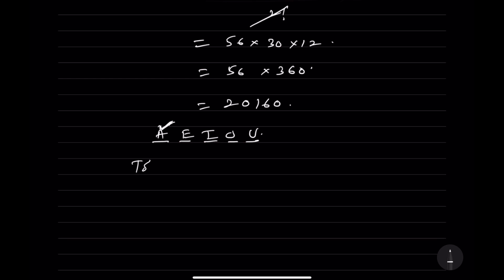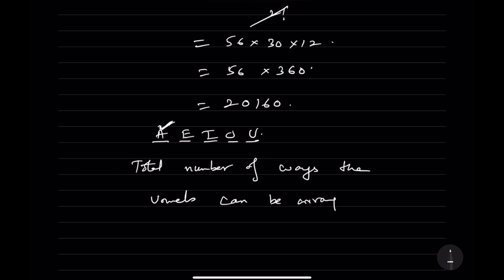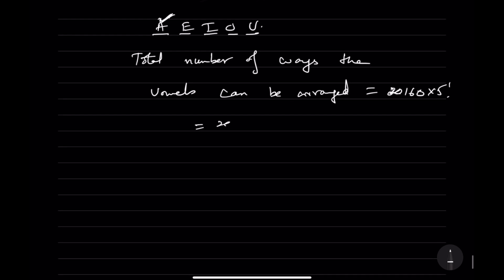So the total number of ways the vowels can be arranged is equal to 20160 into 5 factorial, which is equal to 20160 into 5 into 4 into 3 into 2 into 1, which is 120.